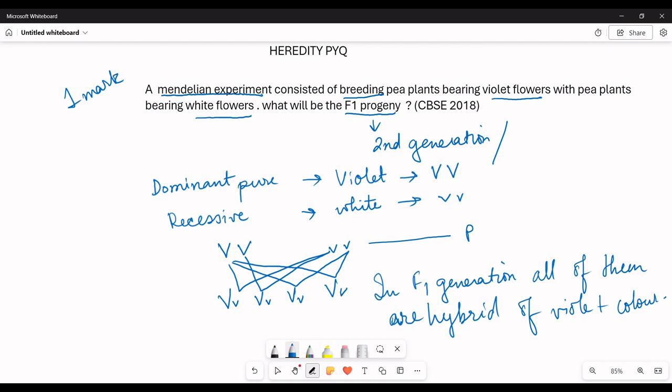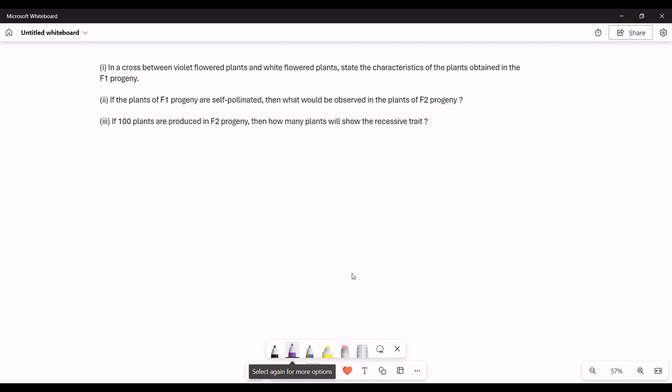Now like this there are many other questions which you should do. This is the question which came in CBSE 2022, set number 1, question number 5B.